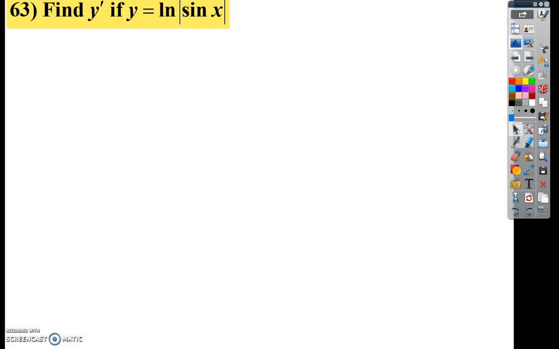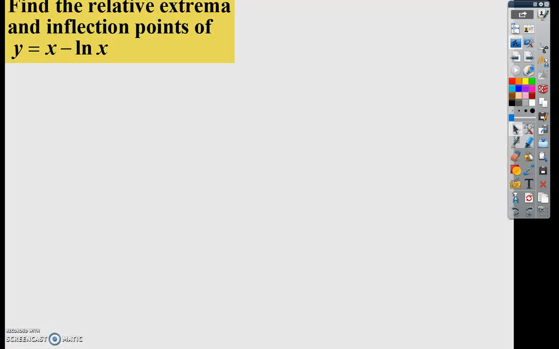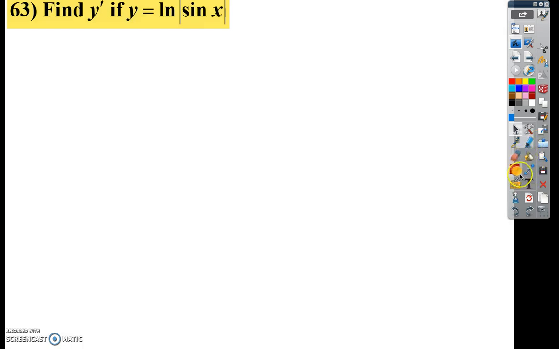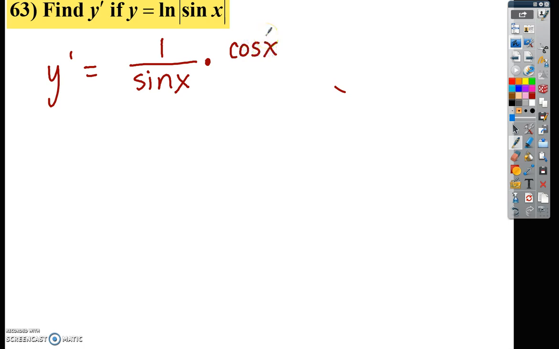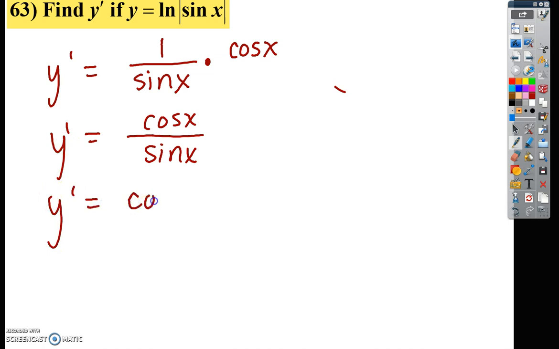I was just double checking. So there we are, and times the derivative of sine of x, which is cosine of x. And so this equals cosine of x over sine of x, and y prime equals cotangent because cosine is on top. So that's what happened there. It's pretty cool.